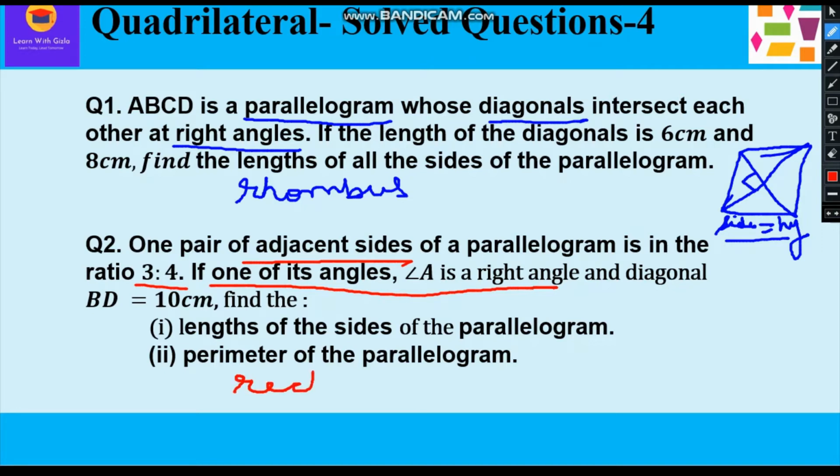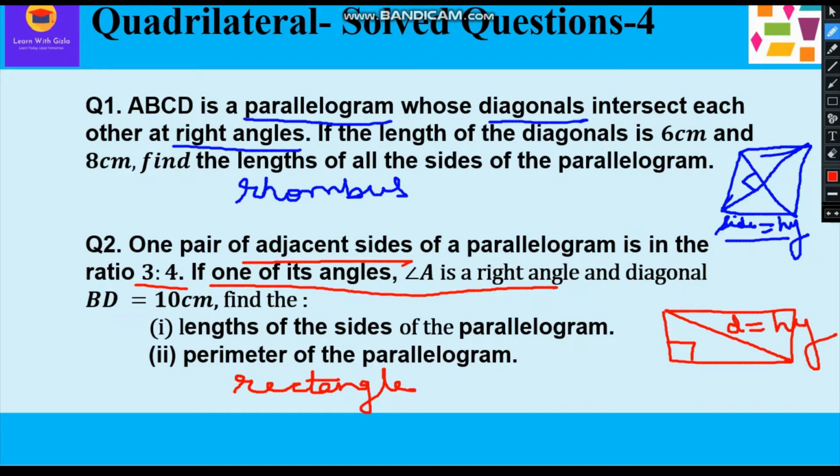And we know that in a parallelogram, if one of the angles is a right angle, it's a rectangle. And here also we have to find the length of the sides of the parallelogram. Now, since the adjacent sides are perpendicular to each other, the diagonal serves as a hypotenuse. So over here, the diagonal is dividing the parallelogram into two right angle triangles, and diagonal itself is the hypotenuse.